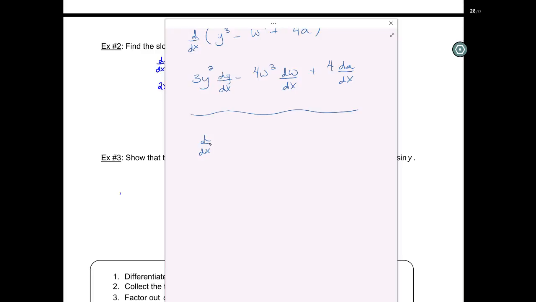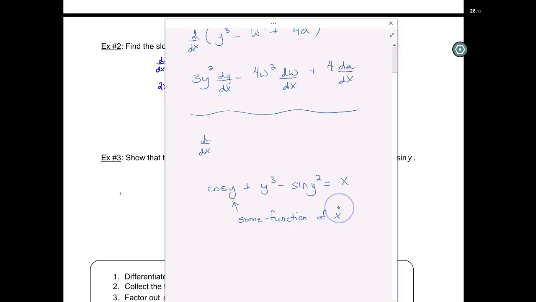Okay. Let's say I have some crazy cosine of y plus y to the third minus sine of y squared is equal to x. Now, the only thing that's easy for me to differentiate here is the x. In each of these, the y is some function of x.